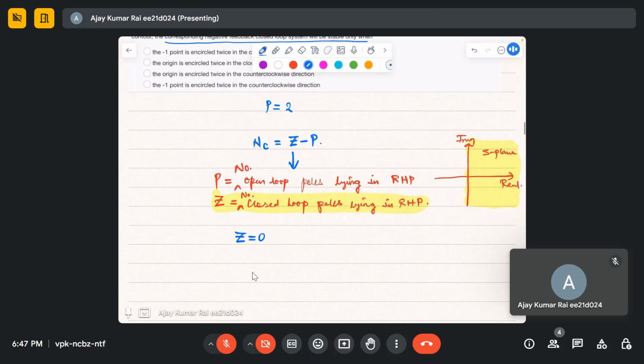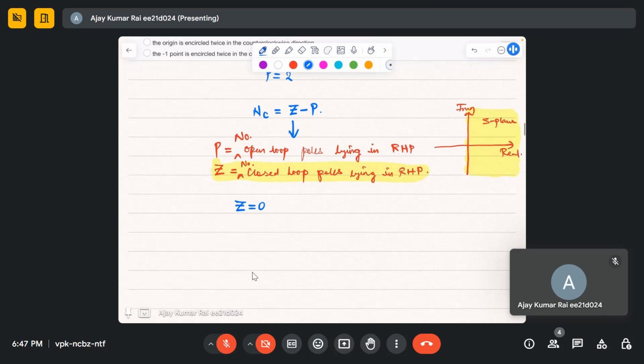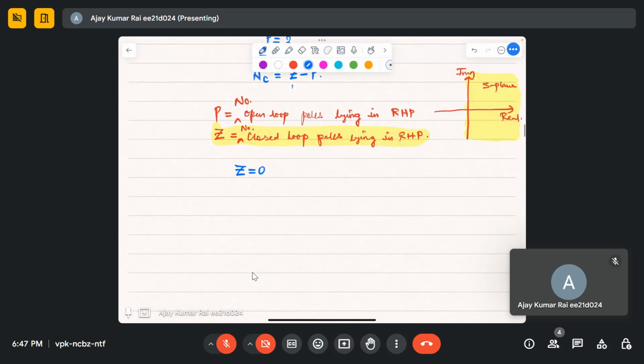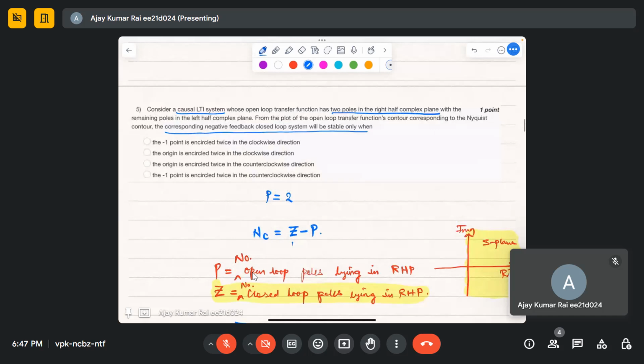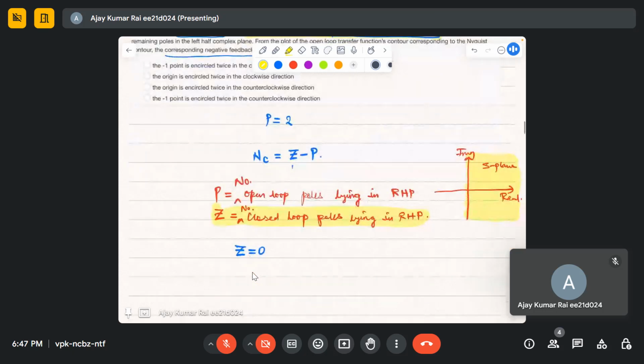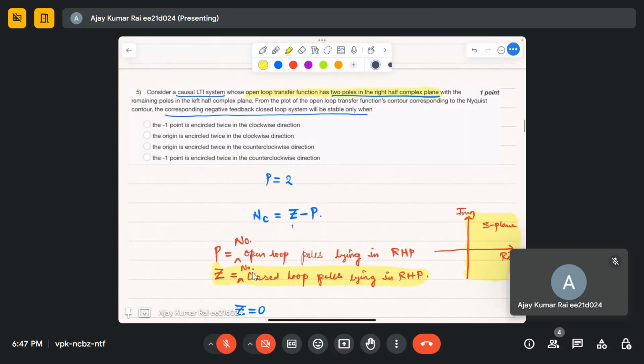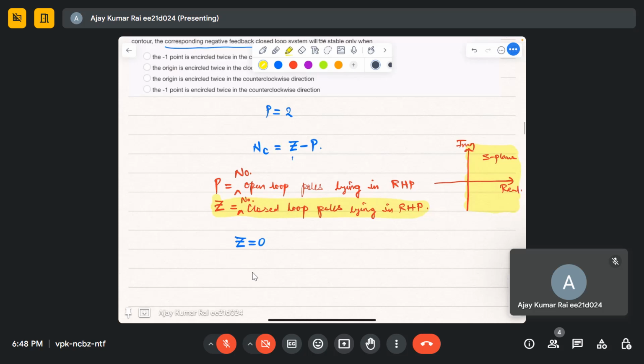Again we'll use the formula NC equal to Z minus P. P is given. If you read this, the open loop transfer function has two poles in the right half complex plane. P is 2, and it's asking for the closed loop system to be stable, that means Z is equal to 0.